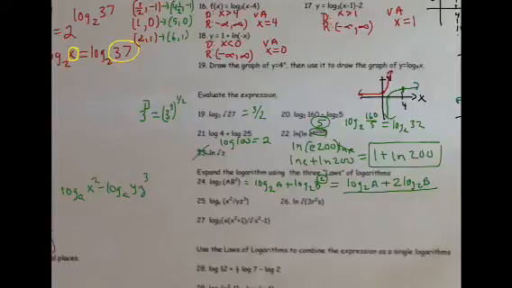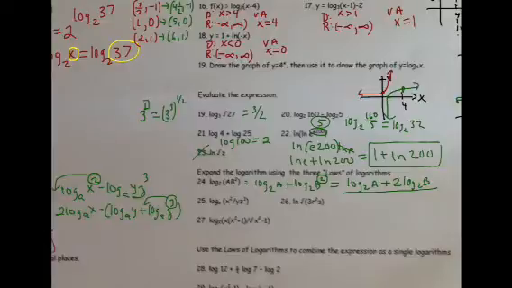So this 2 becomes a coefficient of this log, 2 log base A of x, and then I'm going to break this up as a sum, so minus log base A of y plus log base A of z cubed. And this 3 is going to come down as a coefficient of that log.